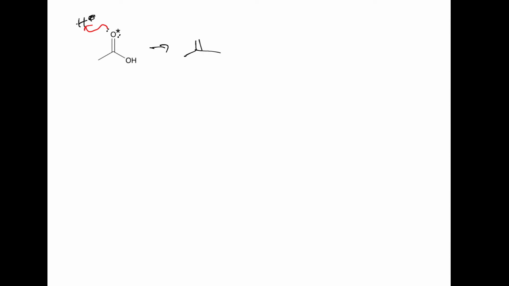And what this is going to do is have a resonance contributor where you're going to put some positive charge on this carbonyl carbon right here. So what you're doing here is activating this molecule, really, to give the carbonyl carbon some plus charge right there. So we'll go ahead and look at that resonance contributor. That's going to be a double-headed resonance arrow here, right?